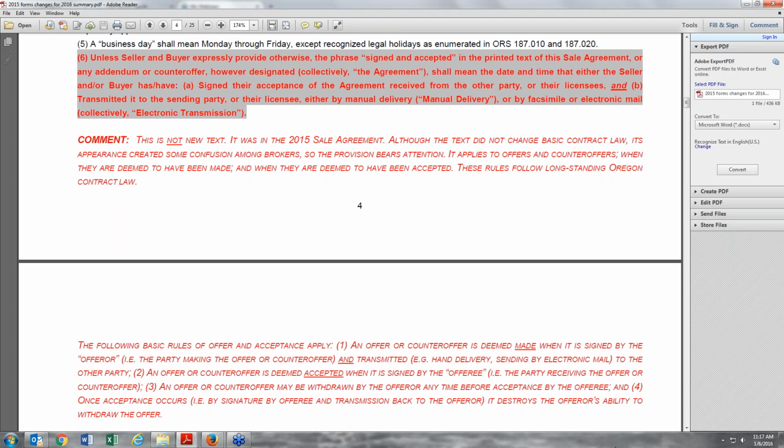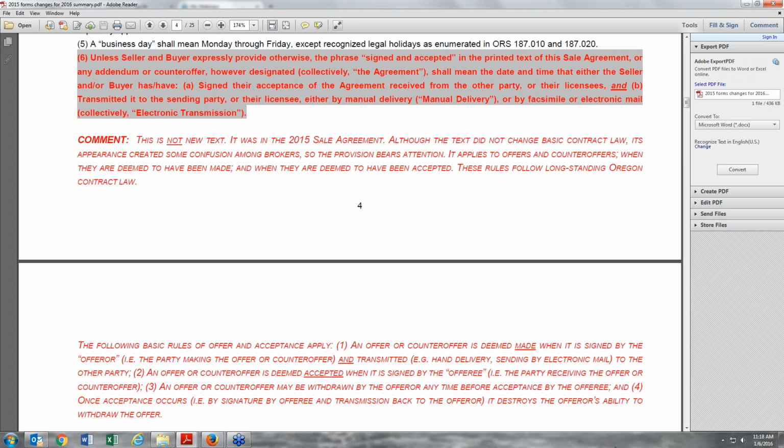So for example, when a buyer makes an offer and gives it to the seller, if the seller is looking at it in the evening, reviews it, and is satisfied with it, and is going to sign it and send it back in the morning, let's say they sign it tonight, but they don't send it back tonight, they don't transmit it, then in the morning the seller gets up and decides, no, I don't think I want to do this.